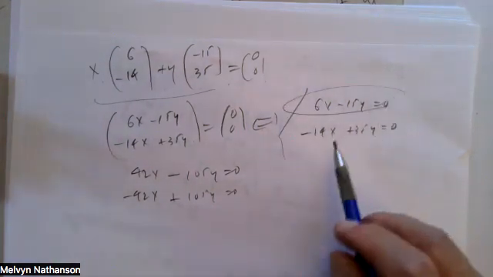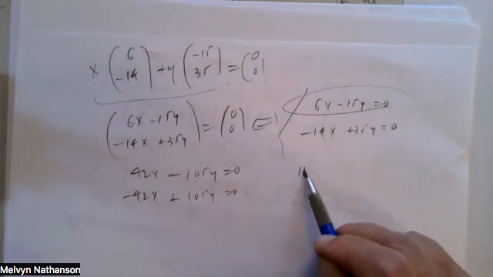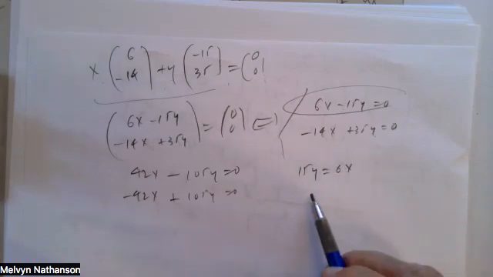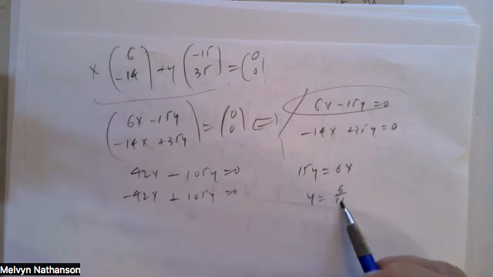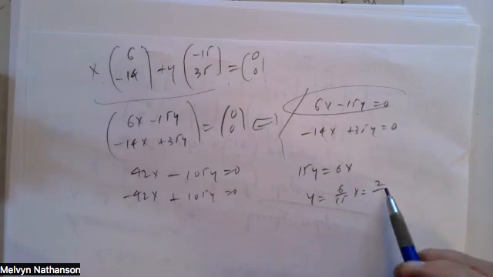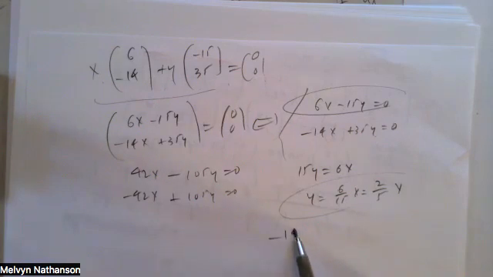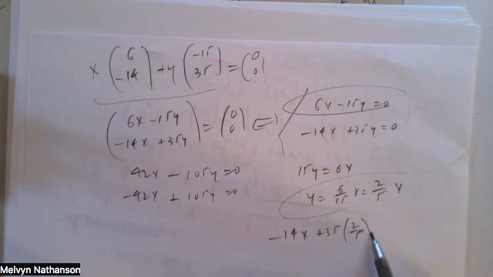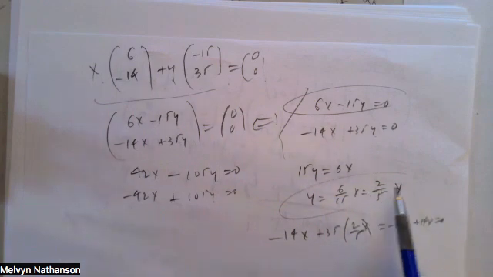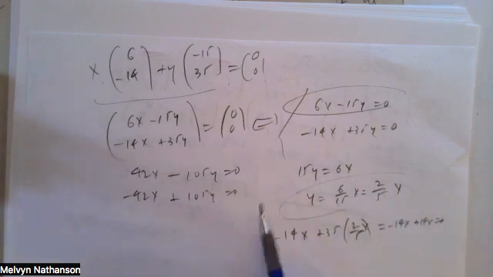Well, the first equation says 15y equals 6x, or y is 6 over 15 x, or 2/5 x. And if I plug that into the second equation, minus 14x plus 35 times 2/5 x, I get minus 14x plus 14x equals 0. So any pair of numbers with y equal to 2/5 x will be a solution of this equation.